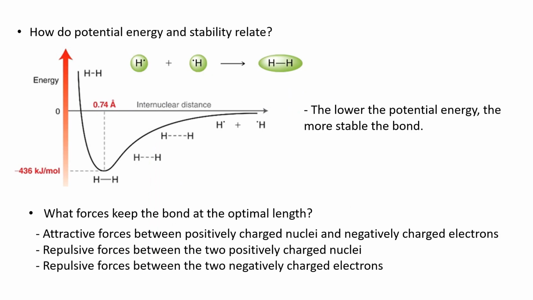We need to understand how potential energy and stability relate. Well, the more stable the bond, the lower the potential energy. So if we take 2 hydrogen atoms that are infinitely isolated, there's no energy between them. The energy is almost 0 out here.